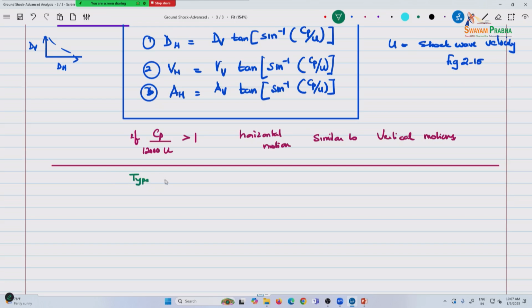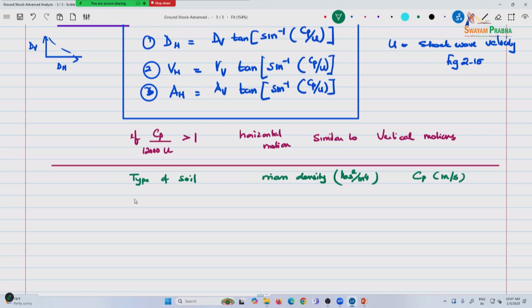If you look at, let's say, the type of soil and the seismic velocities, the mass density, once again the mass density is a little different from what you have seen, and the Cp is in inches per second.